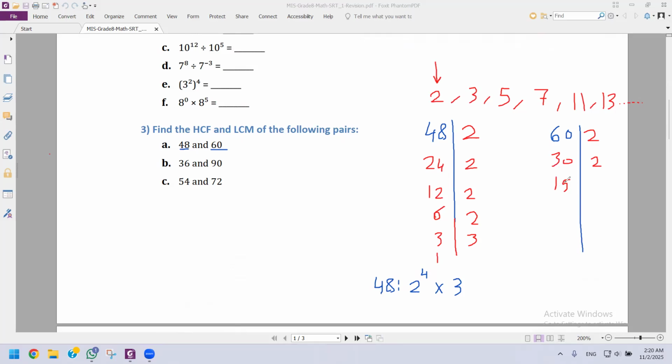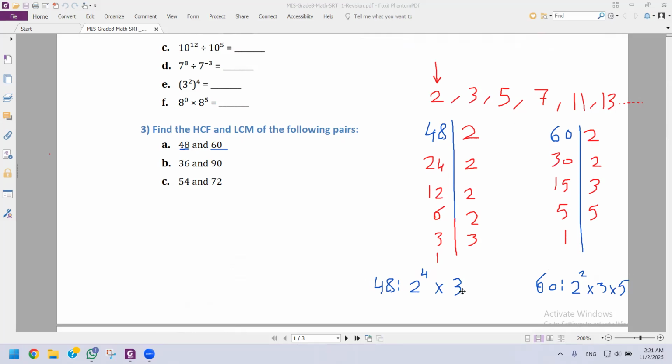We add the digits. 1 plus 5, 6. So it's a multiple of 3. So we write here 3, 5. 5 is a prime number, so it's 5, 1. So what is 60 as a prime factorization? It's 2 to the power of 2 times 3 times 5.